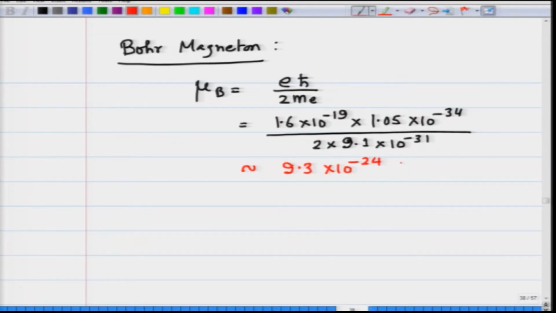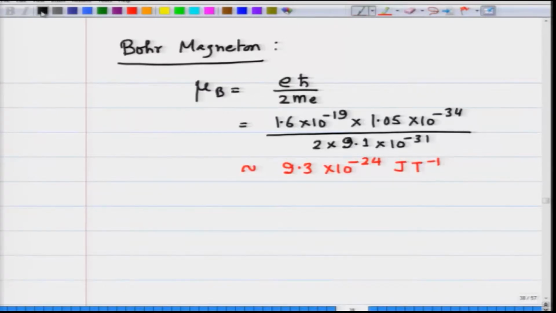The units are joule per Tesla. So, this is the kind of magnetic moment that an electron in an atom can be expected to have, of the order of 10 raised to minus 23 joules per Tesla, and this is the unit we then use.